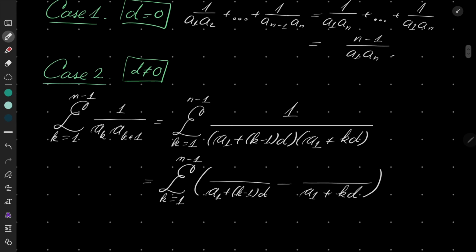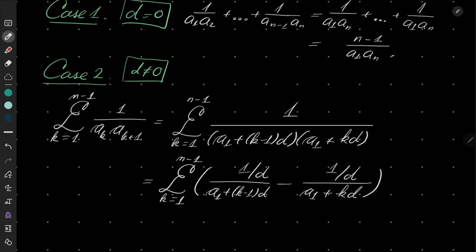If it were 1 in the numerator, after making it again a single fraction, we would have a1 plus kd minus a1 minus k minus 1 d, so after simplification, just d. But we don't want d in the numerator, but 1. How to deal with it? Just simply divide the numerators by d.